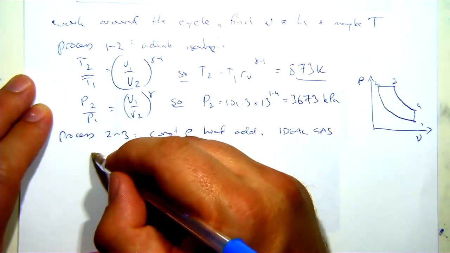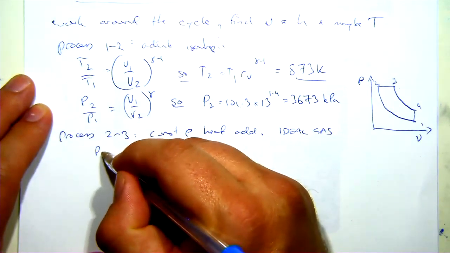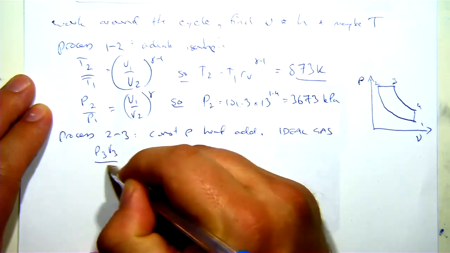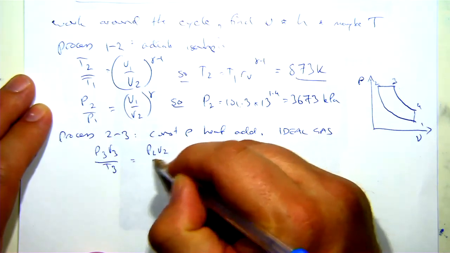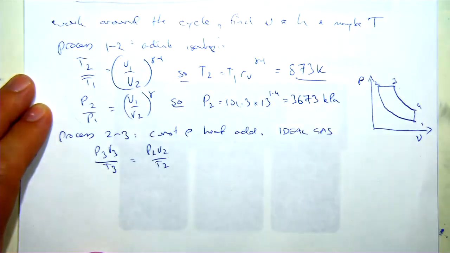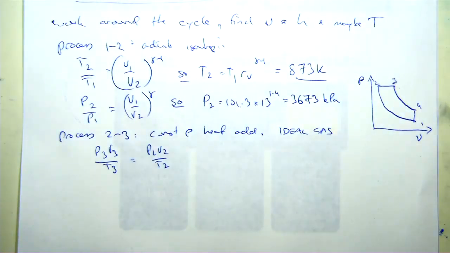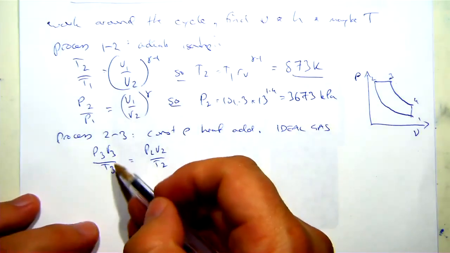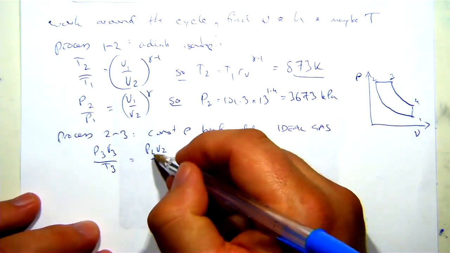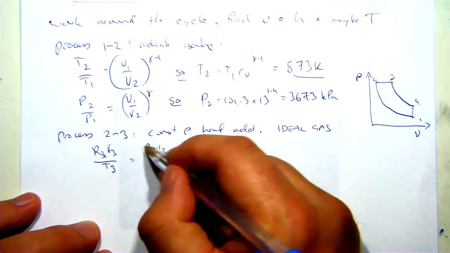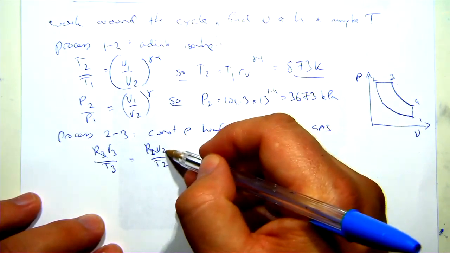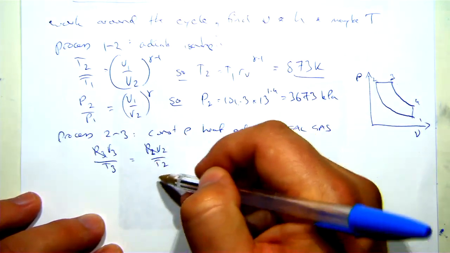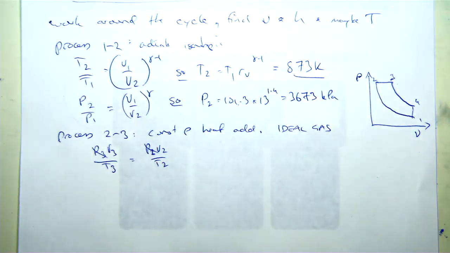So what I've got is that P3 V3 on T3 equals P2 V2 on T2, which is to say that PV equals RT, so PV on T equals R, a constant. So I can say that PV on T equals PV on T. I can cross out my pressures because it's a constant pressure process. So V ratio gives me T ratio. That's why we give the cutoff ratio.